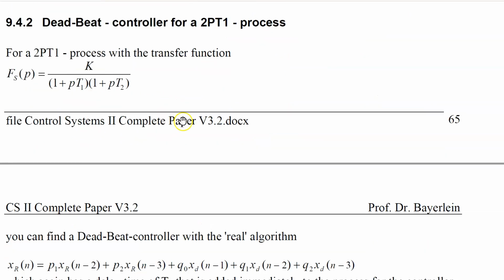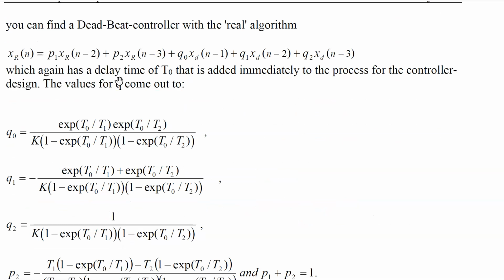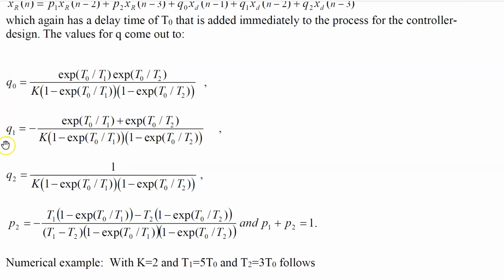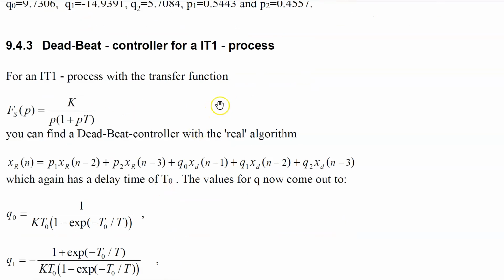Same as here for a 2PT1 process. If k, t1 and t2 are given, you can easily calculate the 3 q's and both p's, because p1 plus p2 is 1. You should not forget that p1 is then 1 minus p2. The third typical process is an IT1 process.